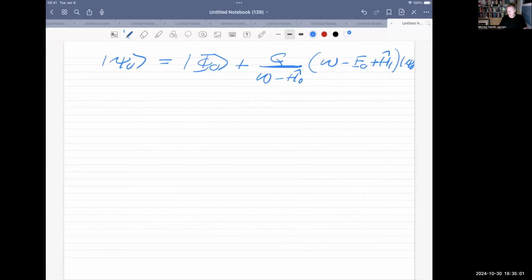Now, what I can do is to iterate the solution by replacing psi 0 on the right-hand side with phi 0.